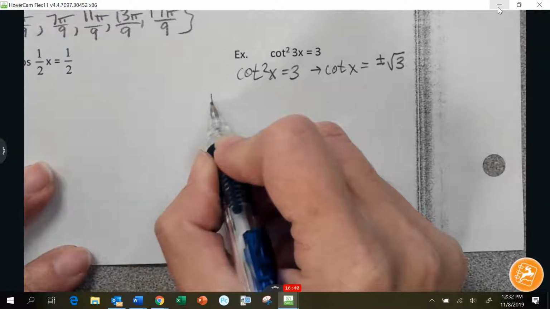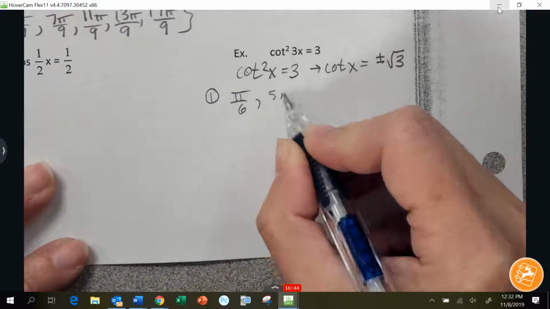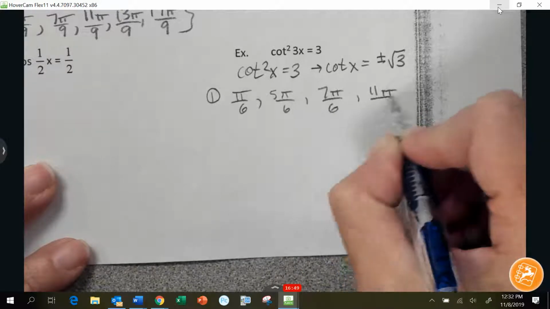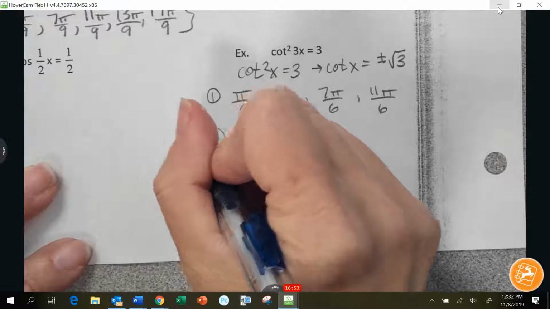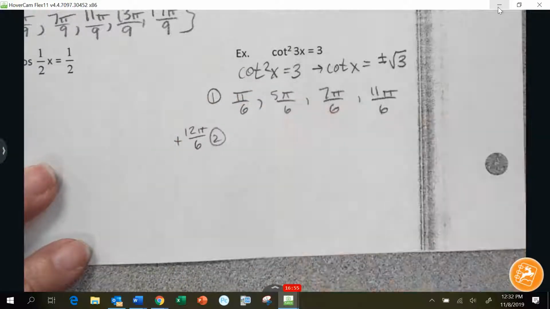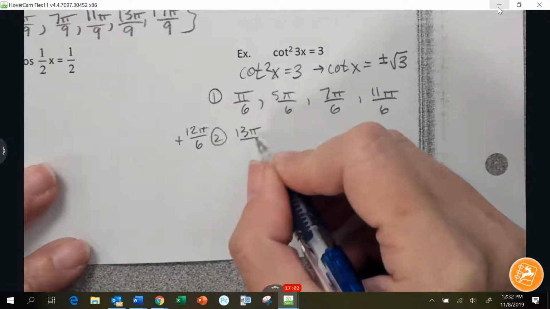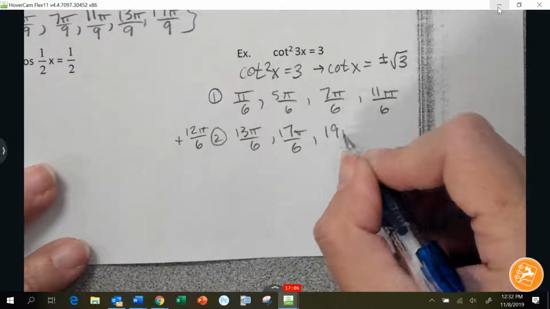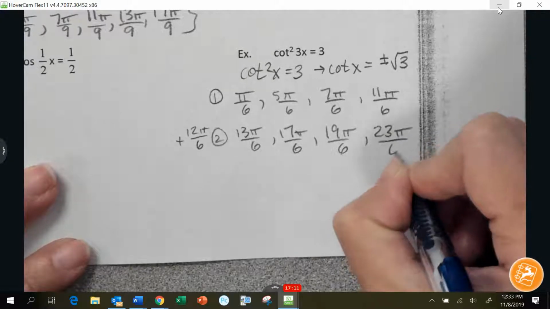So our first cycle is going to be pi over 6, 5 pi over 6, 7 pi over 6, 11 pi over 6. Cycle number 2, you're going to have to add on 12 pi over 6 because we're adding 2 pi with the common denominator. So now I've got 13 pi over 6, 17 pi over 6, 19 pi over 6, and 23 pi over 6.